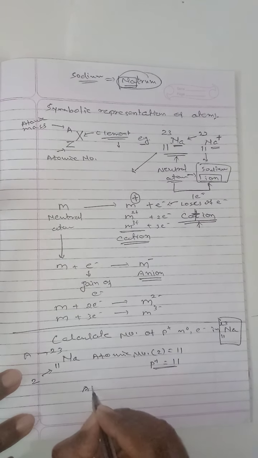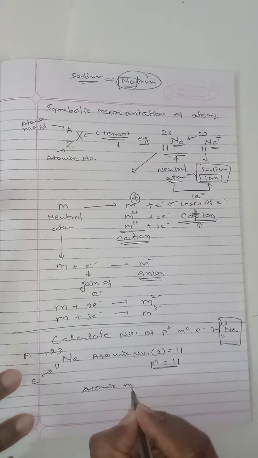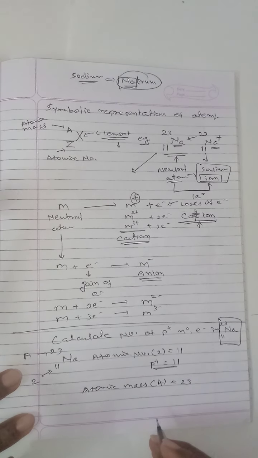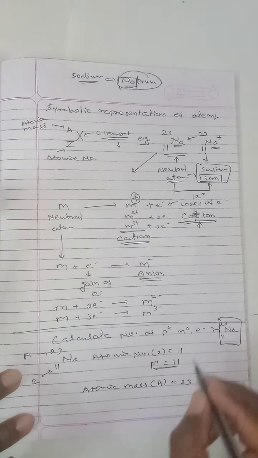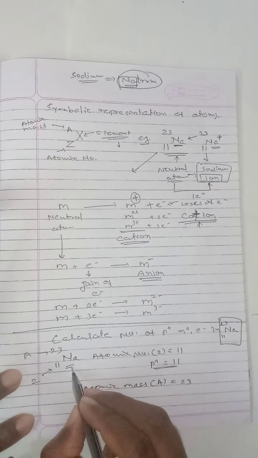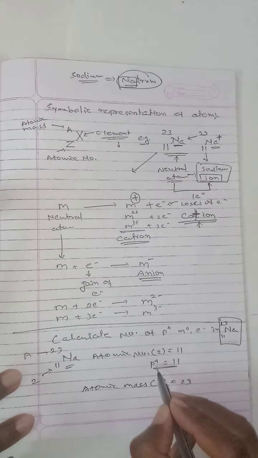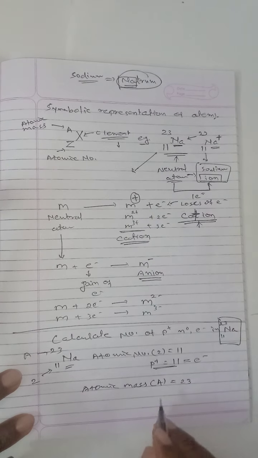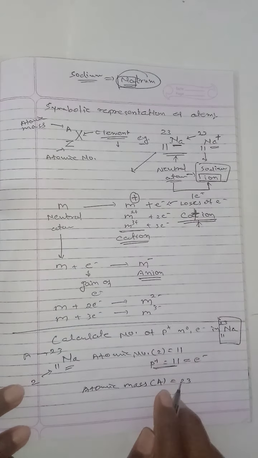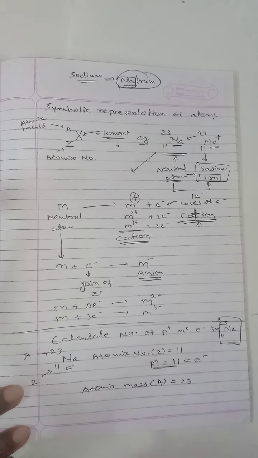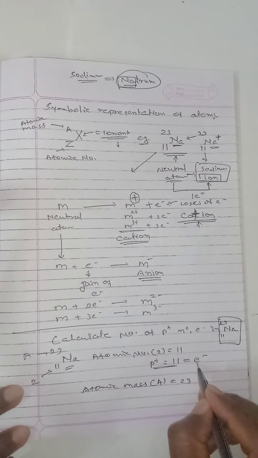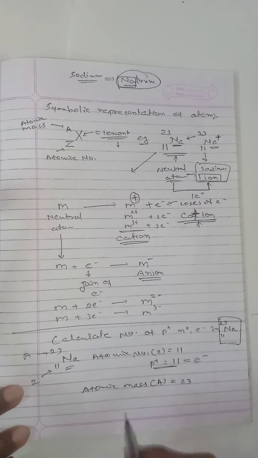Then atomic mass capital A equal to 23. One thing to remember, in a neutral atom the number of protons is always equal to the number of electrons, only for neutral atoms.